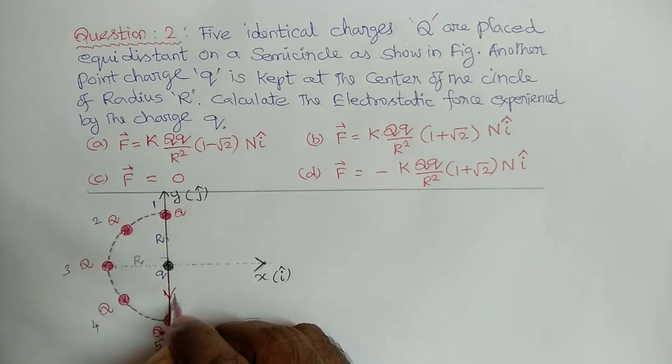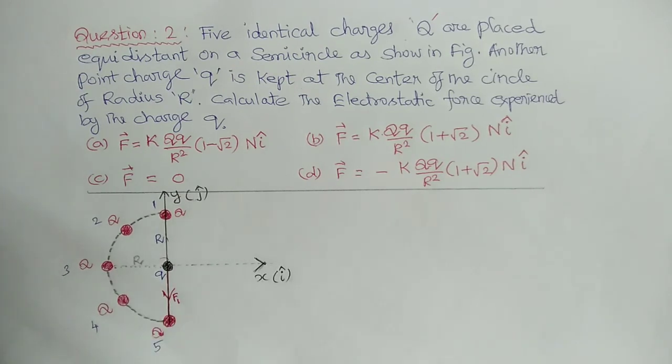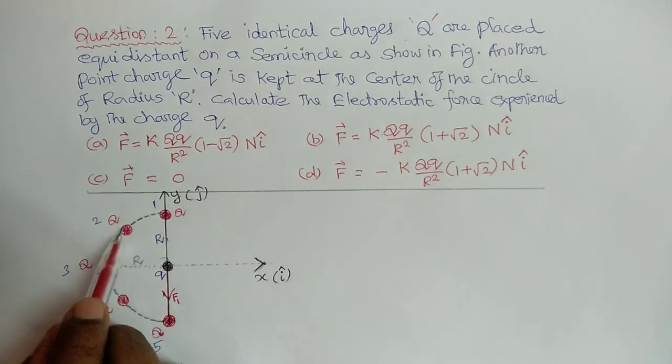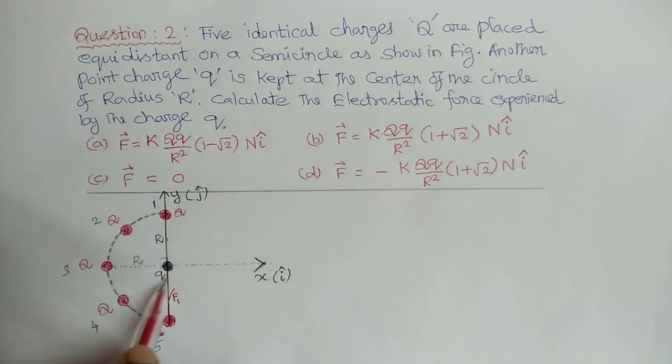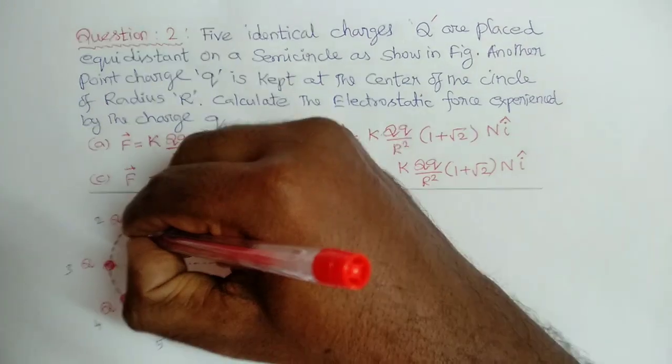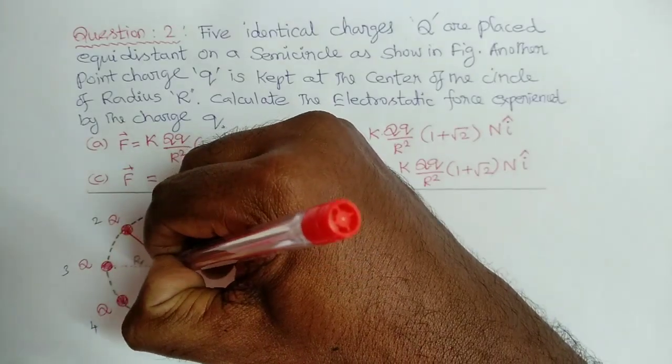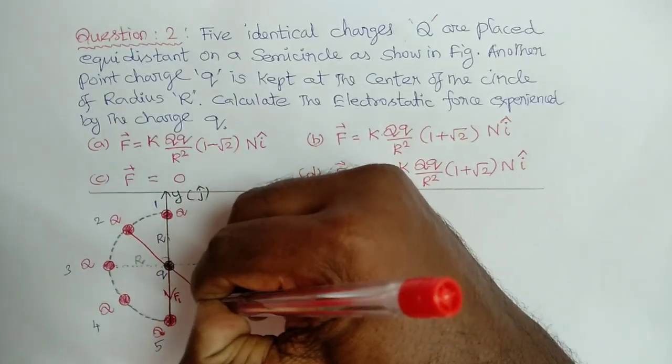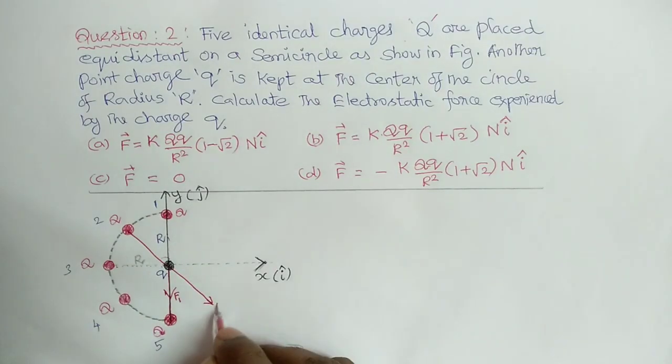This is considered as F1. Then second position, force experienced by q by capital Q along this direction. So this is F2.